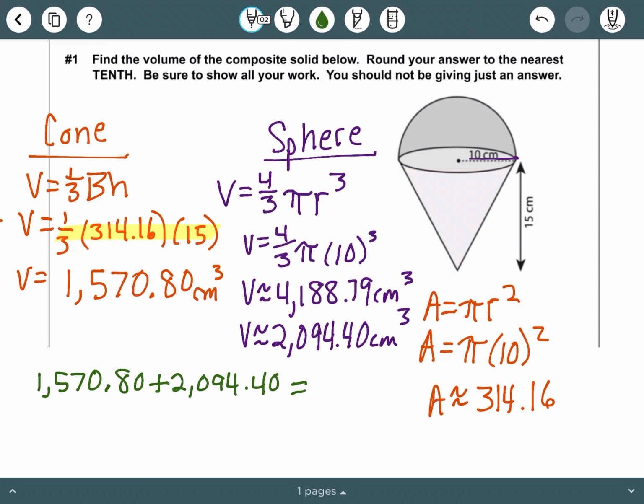You should be doing the same. All right, that's going to give us 3,665.20 centimeters cubed. So this now is our final answer.